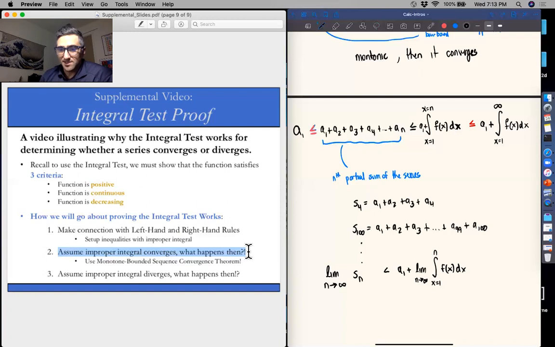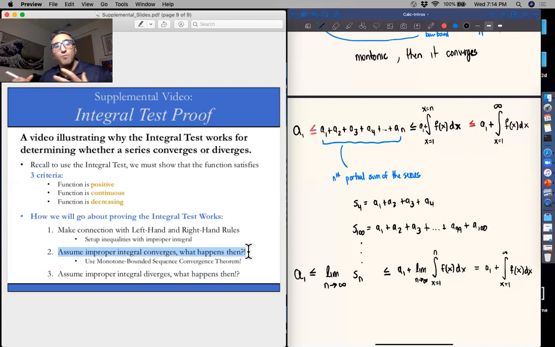So in this case, we saw that it's bounded by everything here. And of course, when we actually do this, this will be equal to a1 plus the improper integral from x equals 1 to infinity of f of x dx. So we saw that it is bounded above by that improper integral that we assumed at the beginning of this second step converges. But we also know that this has to be greater than or equal to a1.